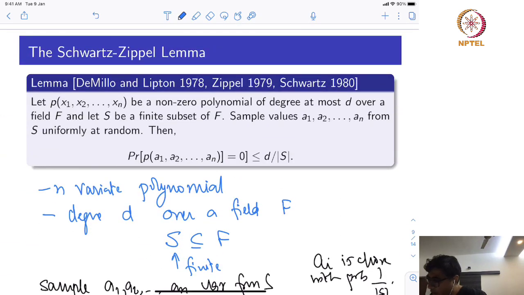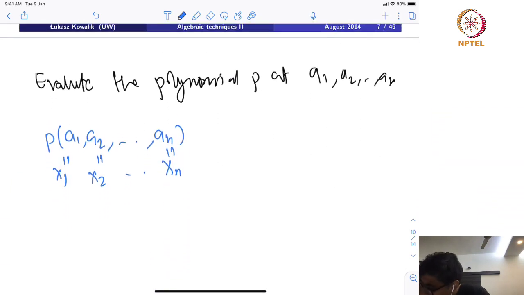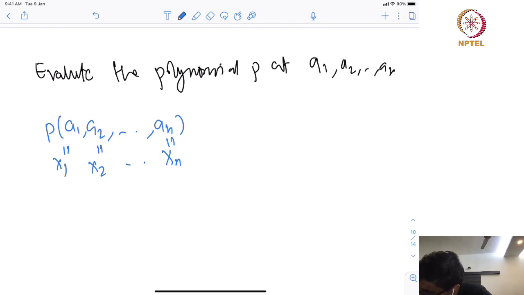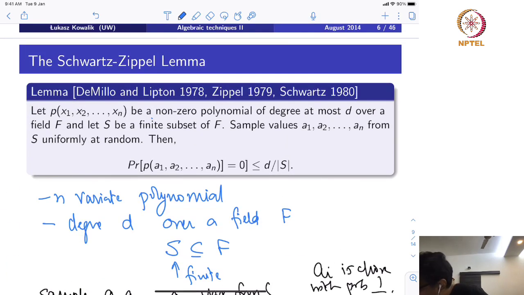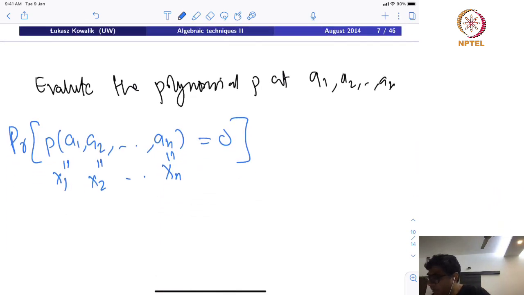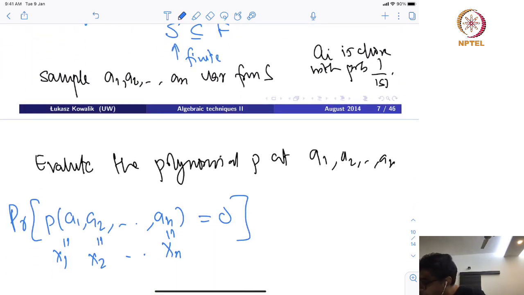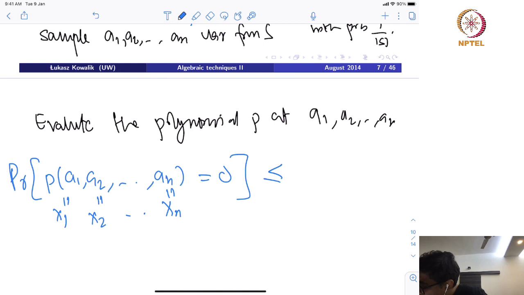Then what is the probability? So, then it says look, the probability that this is equal to 0, and look what are we assuming? It is a non-zero polynomial. Okay. It is important. So, the probability that this is equal to 0 is upper bounded by d over |S|. Okay.